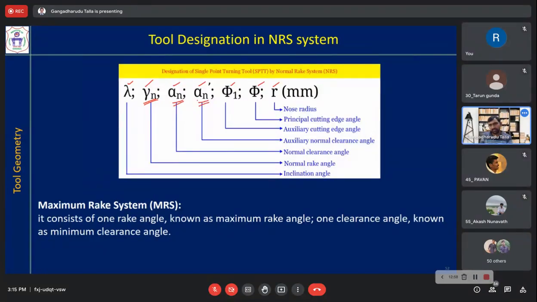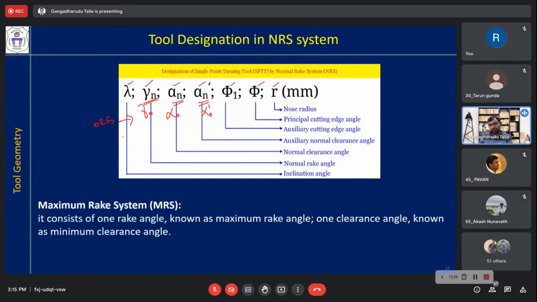Otherwise remaining things are same as ORS system. So instead of gamma o you have gamma n, and instead of alpha o you have alpha n. This is alpha o prime in ORS. This is ORS system, the second one. So that is the difference between ORS and NRS systems.